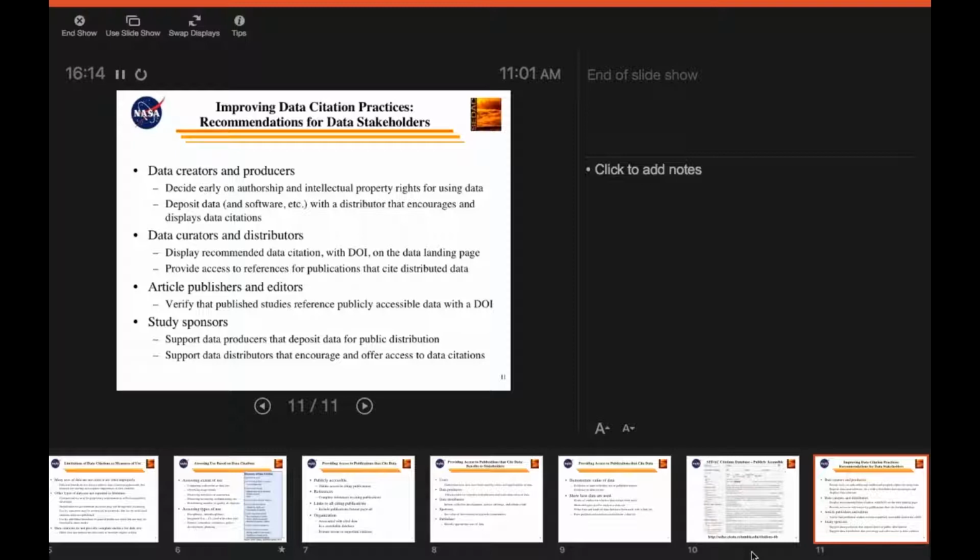On a weekly basis, we are getting alerts from the different bibliographic databases about papers citing CDAC data, but we found it's necessary to supplement that, and so we're periodically doing Google searches and searching other kinds of databases where we're not getting alerts, so that we can make sure that we catch more of them.